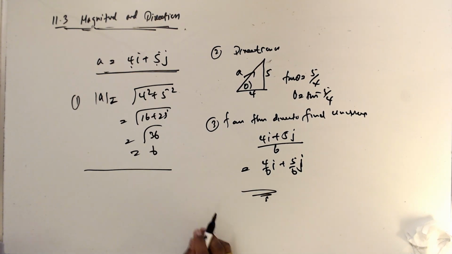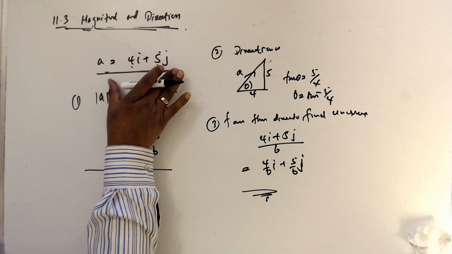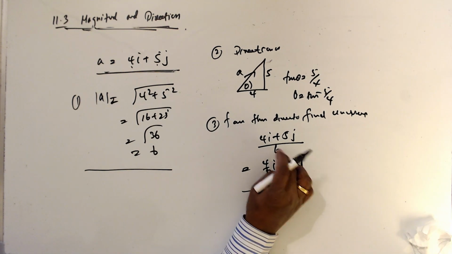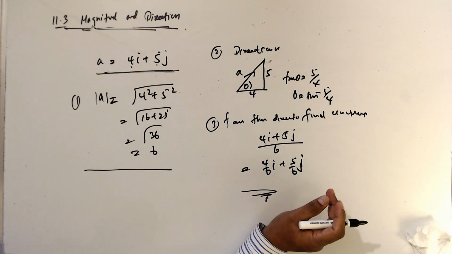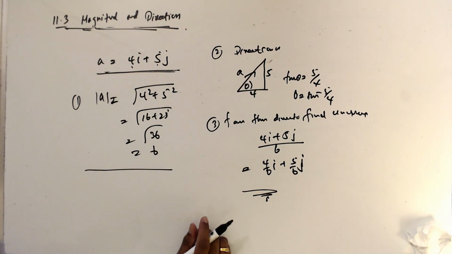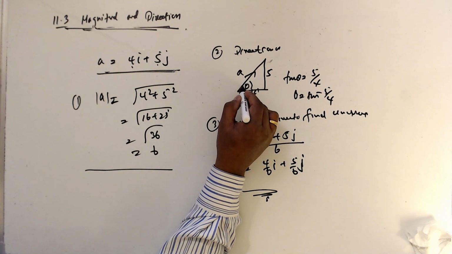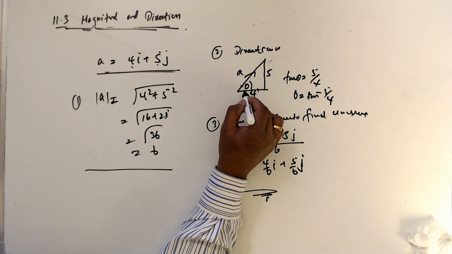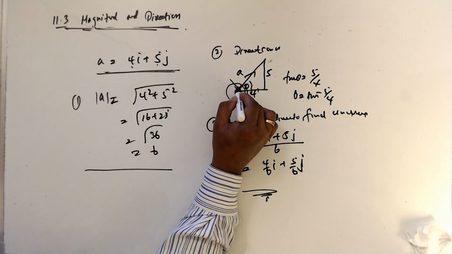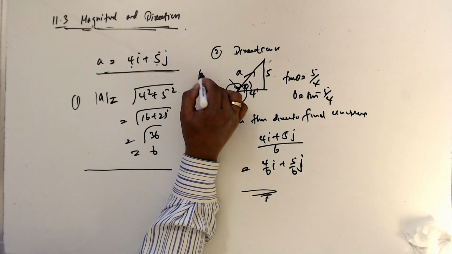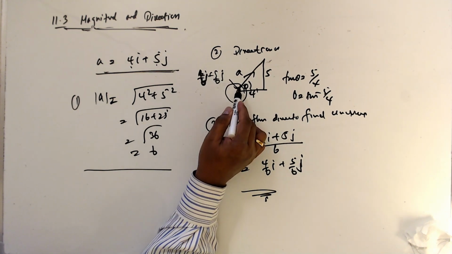That's all basically. When you divide this vector by 6, you will get the size 1 vector for that direction. So this is the unit 1 circle, and this bit is 4 over 6 i plus 5 over 6 j.